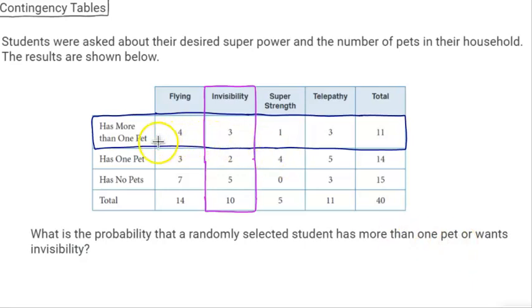So we're going to include all 11 of the people that have more than one pet, and then add in the 7 people over here that want invisibility. The trick is to remember that just like with Venn diagrams, we need to be careful not to double count anyone. So the 3 people here belong to both sets. Therefore, we only want to add that 3 in once.